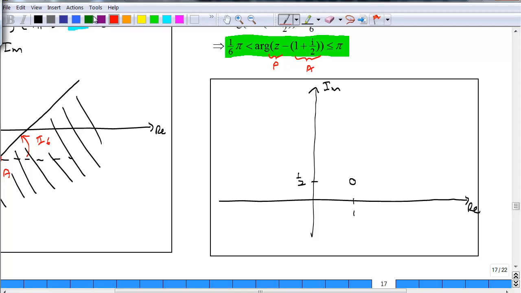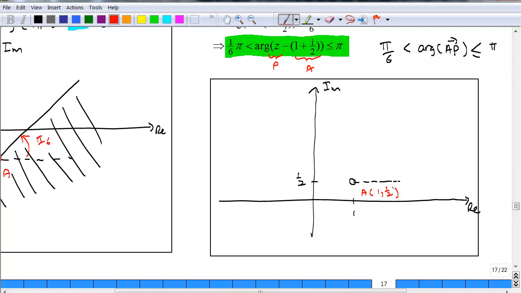So if you again look at the analogy of the vector, you're looking at what the vector AP makes with the horizontal, and the right side it tells you angle pi, and on the left, strictly bigger than pi over 6. So you draw the horizontal first from the point A. This is point A, which is 1/2. So from here it must be less than or equals to pi.